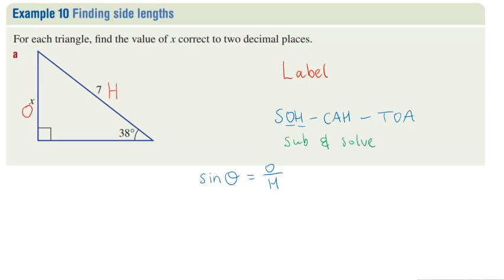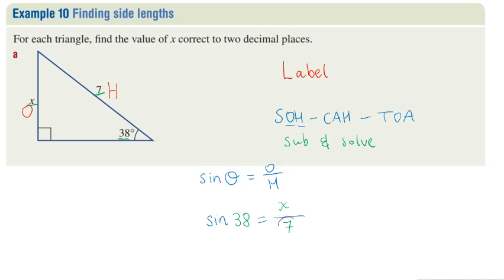So the value of the angle in this triangle here is 38, and the value of the opposite side is x, and the hypotenuse is 7. So I put them into the equation like that, and my last step is I need to solve this for x.